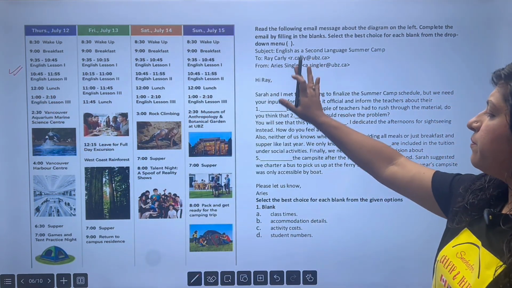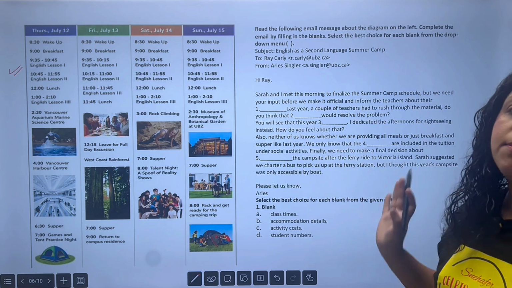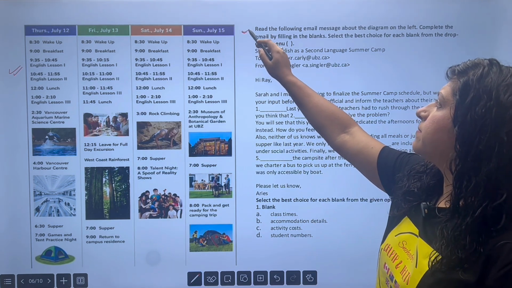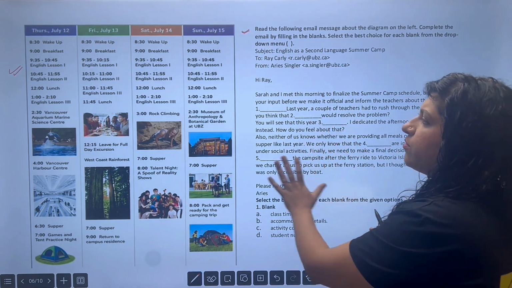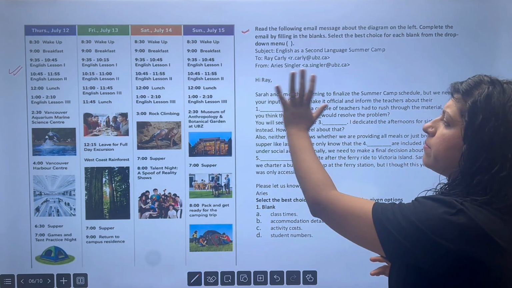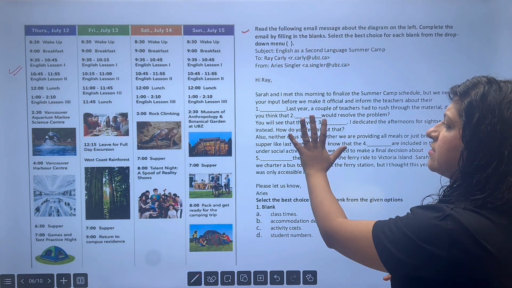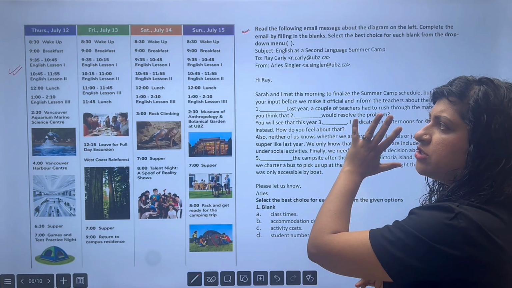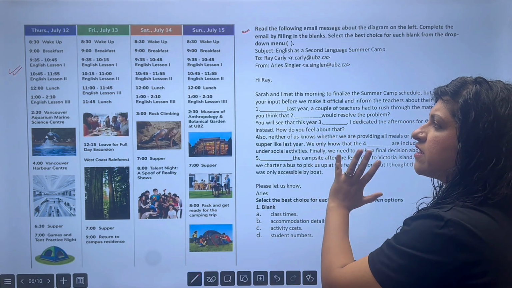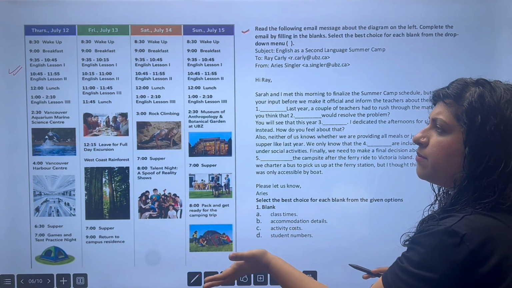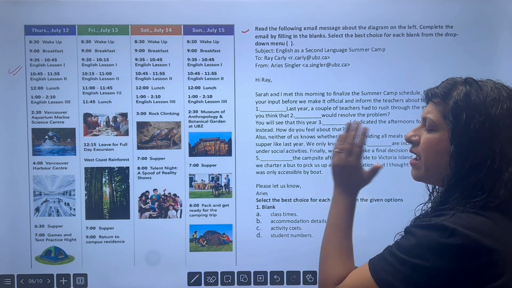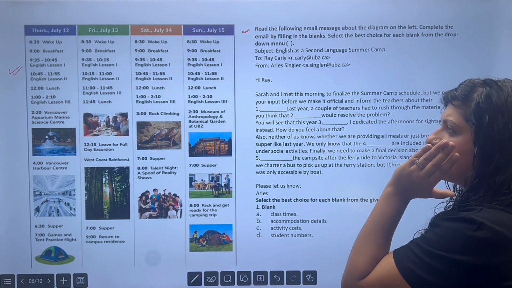And there is going to be kind of an email written like this one. So you have the text, you have the diagram, you have to combine the information given in the diagram with the text, make logical connections, use scanning, use skimming, understand the main purpose, understand the tone, and answer the questions.